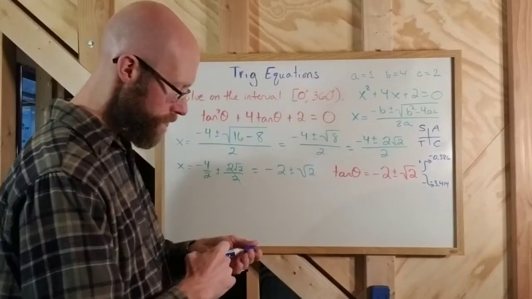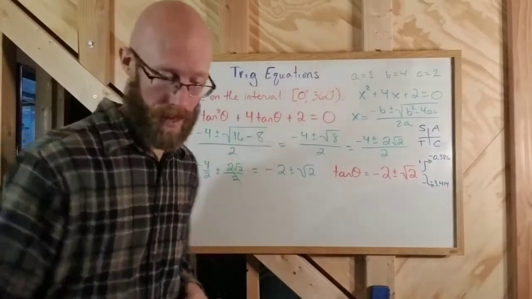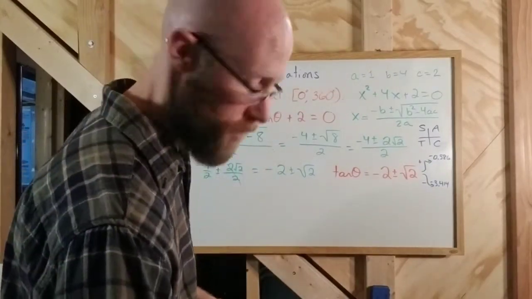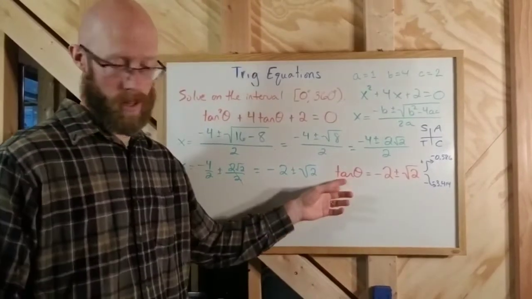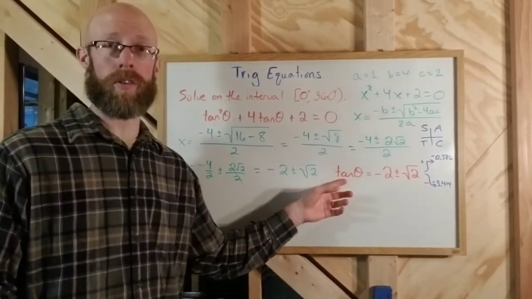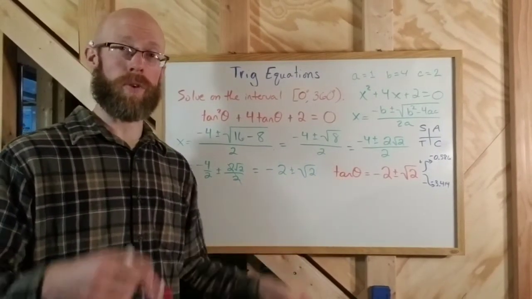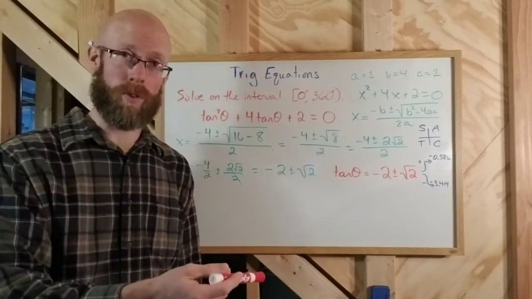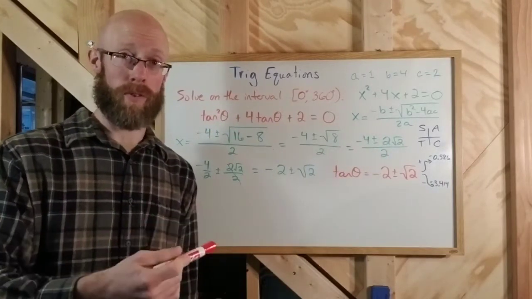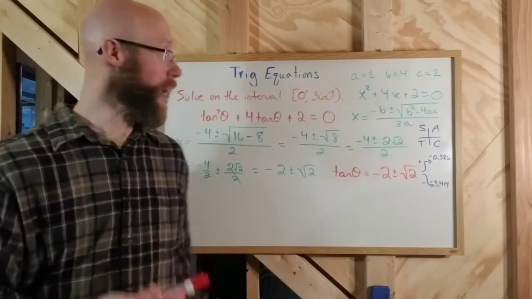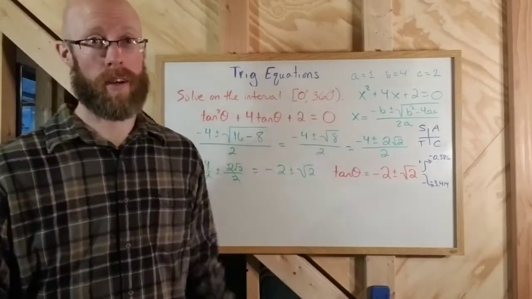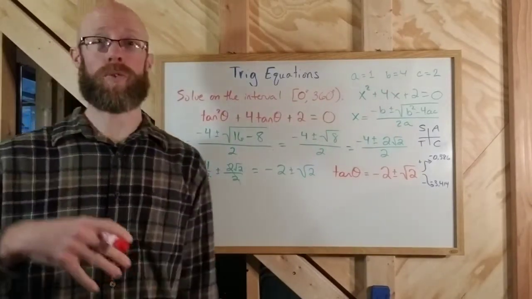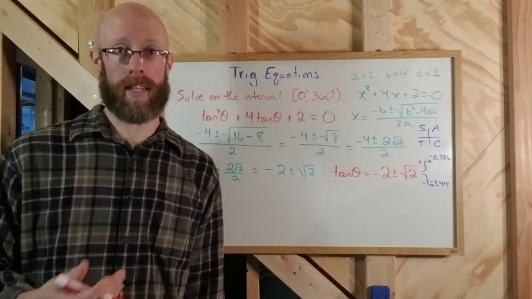Okay, so keep that in mind. Your inverse tangent button on your calculator is only going to give you a first quadrant angle or a fourth quadrant angle, and the fourth quadrant angle will be negative, which we don't want, right? We don't want a negative answer here. So we're going to have to do quite a bit of adjusting at the end of this.